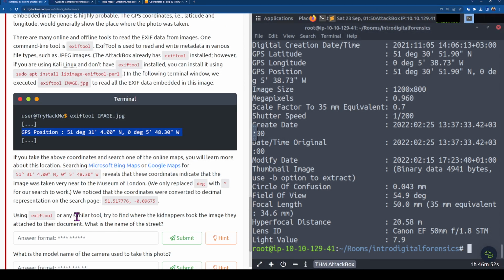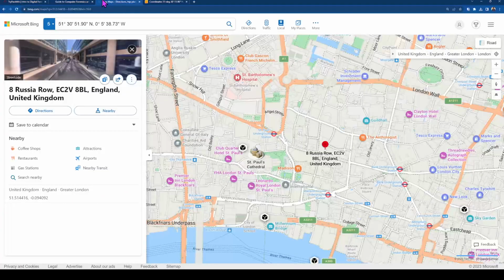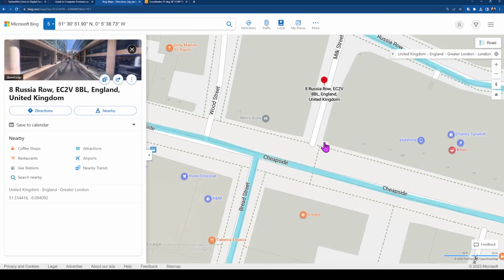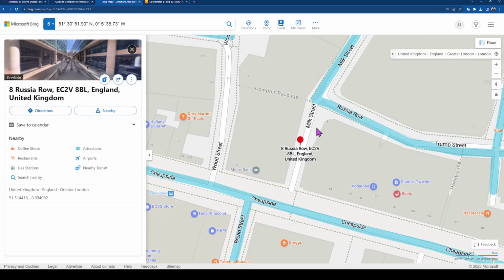Using EXIF tool or any similar tool, try to find out where the kidnappers took the image they attached to their document. What is the name of the street? So we are in London, England. And it looks like the name of the street is called Milk Street.